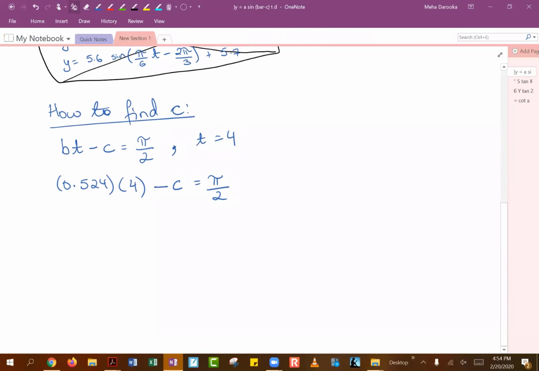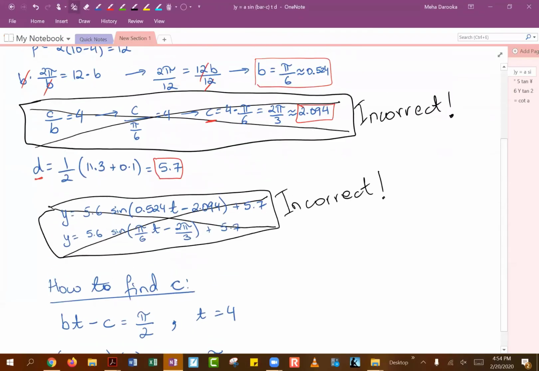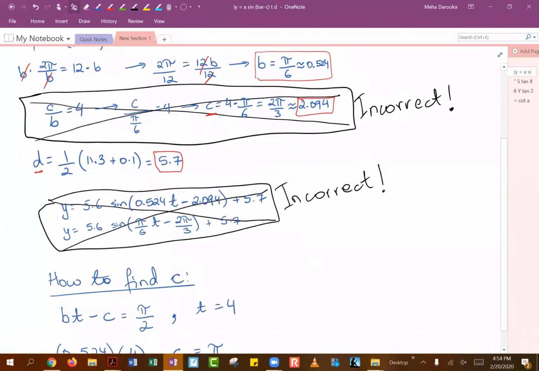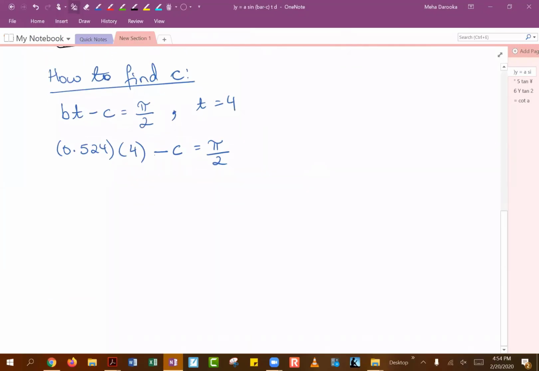So we actually have to use this equation to help us come up with the value for c. And if you multiply your 0.524 with 4, that value will come out to be 2.096 minus c equals pi half.